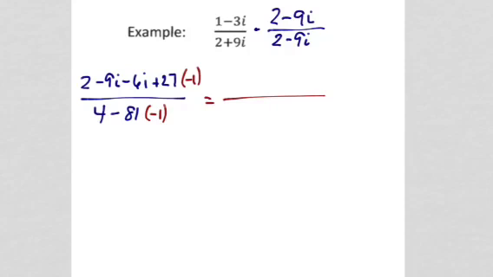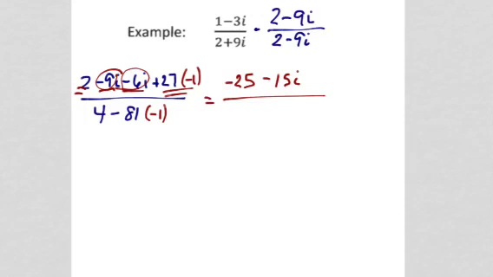In the numerator, I've got some like terms, these two i terms, and then I've also got constant terms. Constant terms come first with imaginary numbers. So I've got 2, and then 27 times negative 1, which makes negative 27. A positive 2 and a negative 27 makes negative 25. Now the ones with i's in them, negative 9 and negative 6, make negative 15.